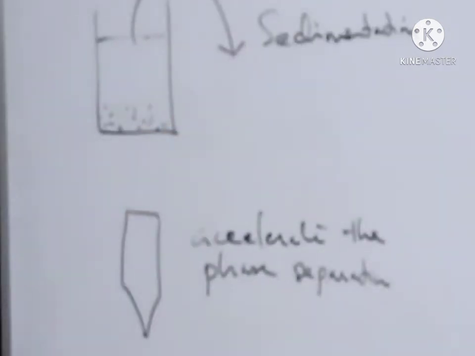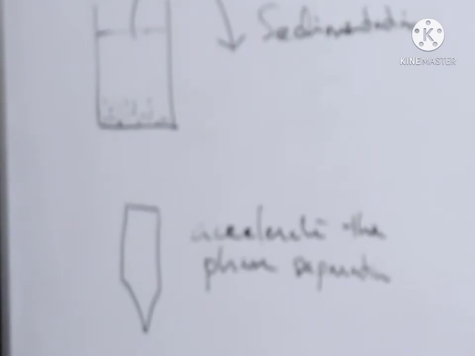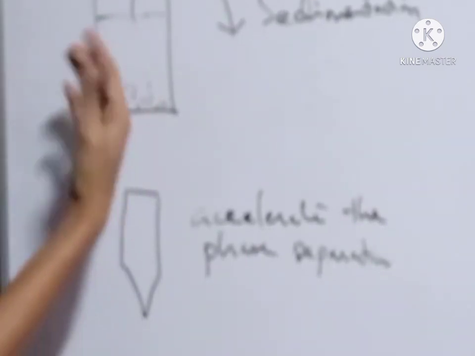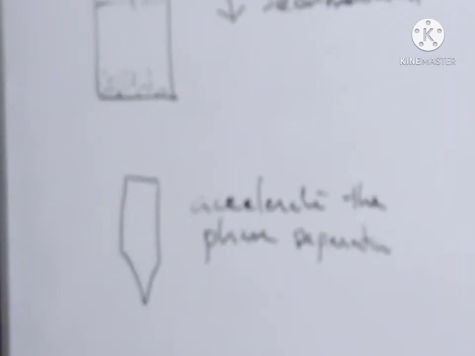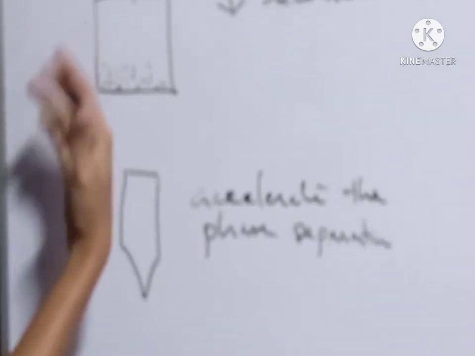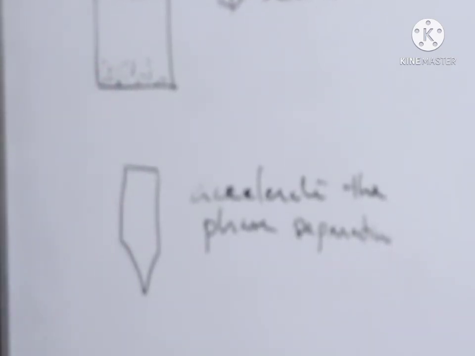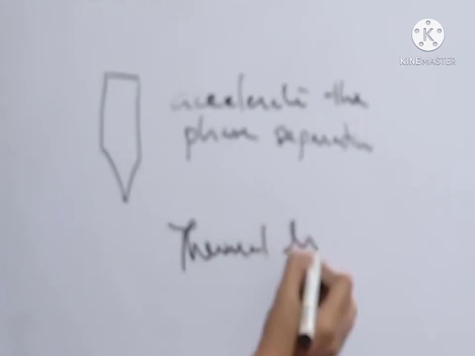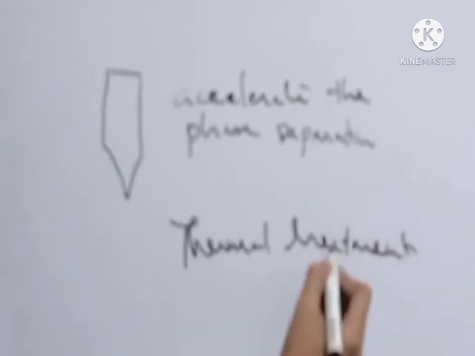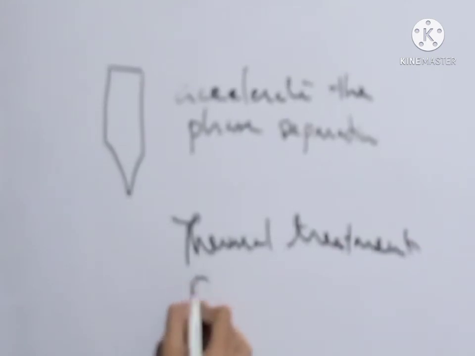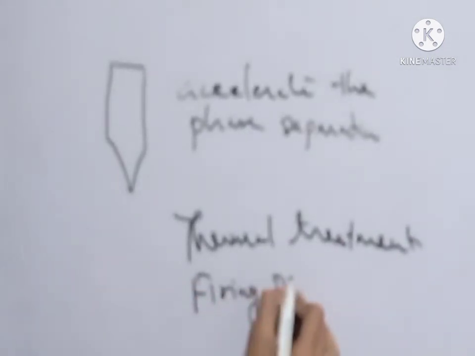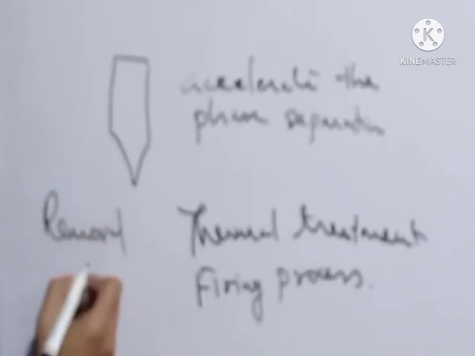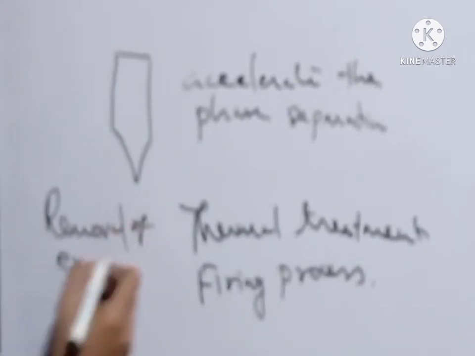Even after sedimentation and centrifugation, a little bit of solvent will remain in the substance. We have to remove the little bit of solvent present in the system. The techniques usually used to remove the extra liquid are thermal treatment and the firing process.